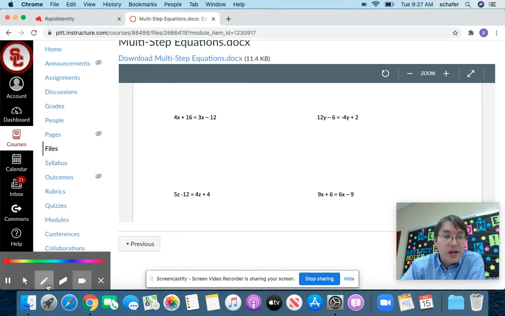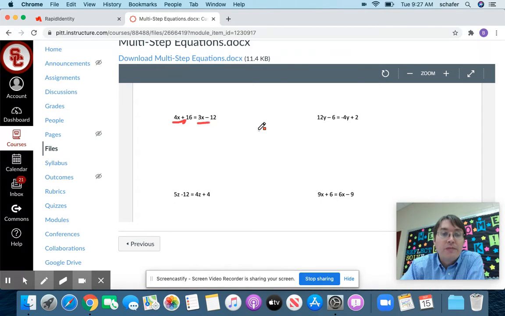So when I say put things together, I mean this X right here, this X right here, they need to go together. So how do I do this?